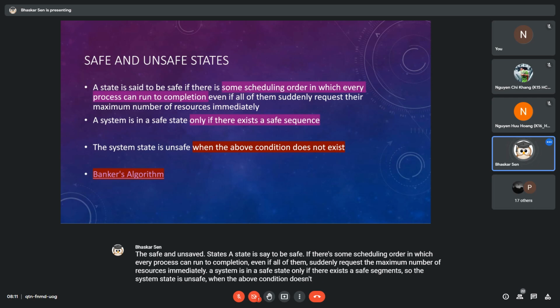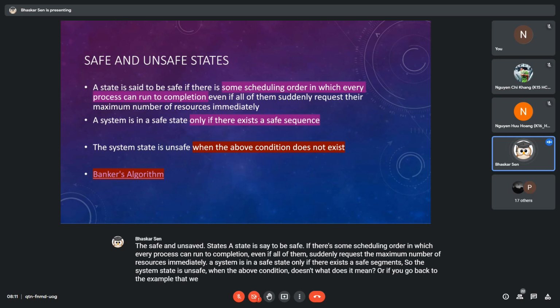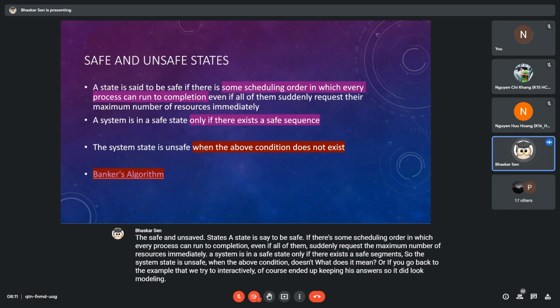So what does it mean? If you go back to the example that we tried to do interactively, of course, I ended up giving you the answers. So in deadlock modeling, that's exactly what we're looking at.